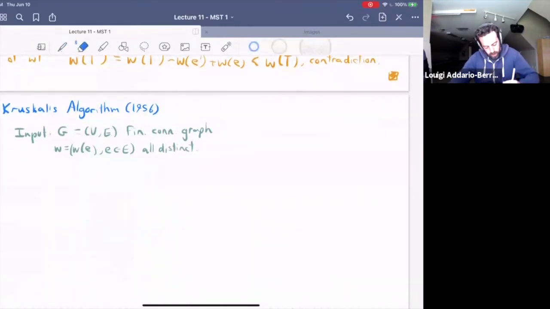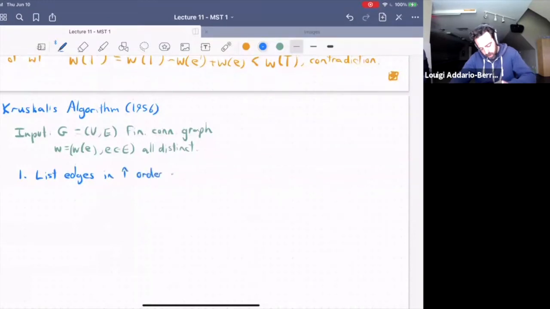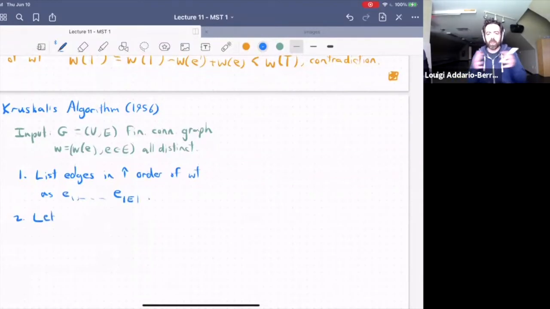You start by just listing the edges in increasing order of weight, as E1 up to E number of edges. And then we're going to build a growing sequence of forests, so a growing sequence of spanning subgraphs, if you like.